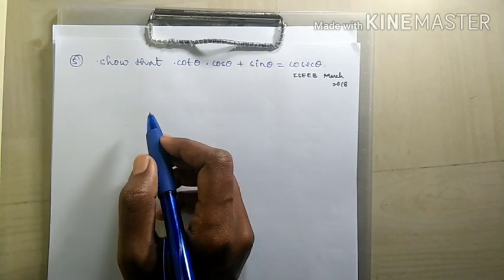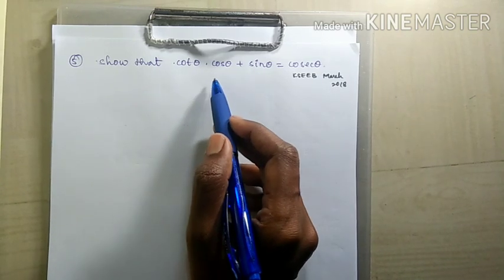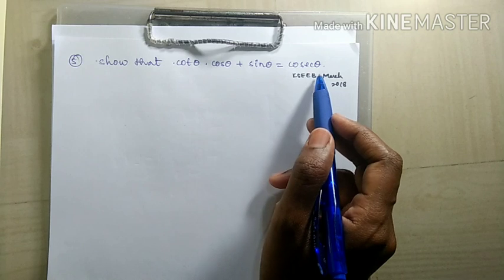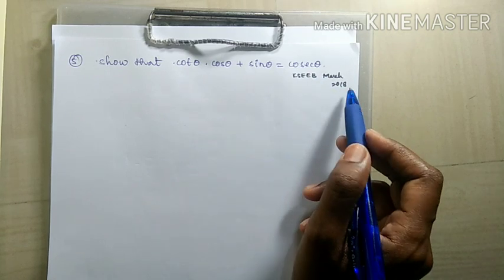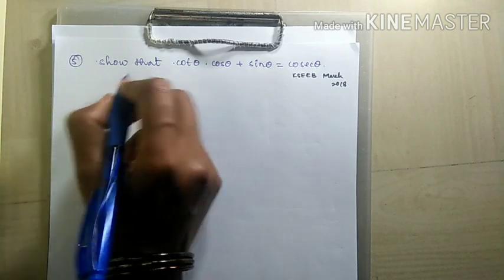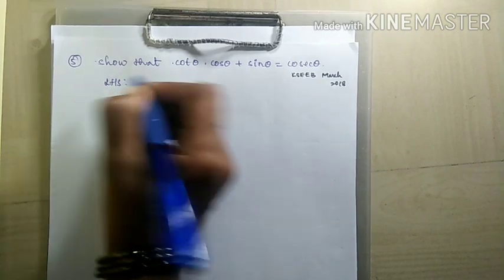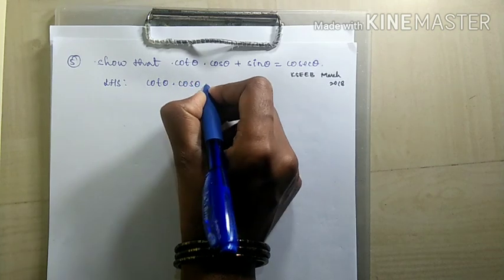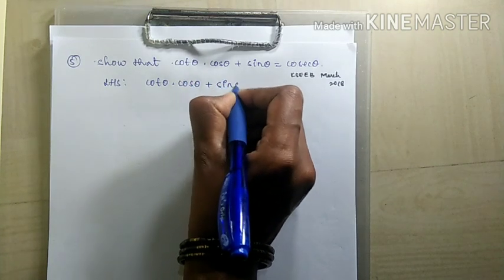So this is example number 5. Show that cot theta into (cos theta plus sin theta) equals cosecant theta. So this is a KSEB March 2018 question paper sum. So here let me take the LHS part also, that is cot theta into (cos theta plus sin theta).